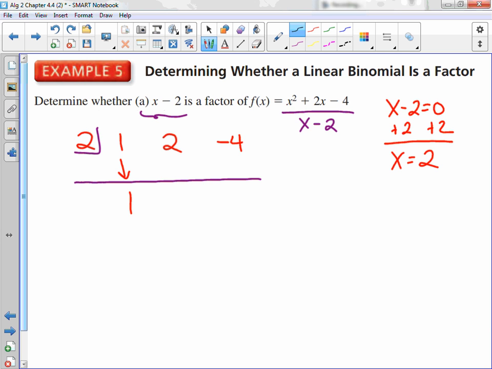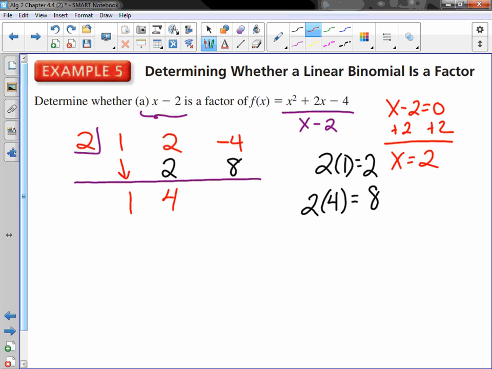Now we're going to start our synthetic division. So we'll do 2 times 1, which is 2. 2 plus 2 is 4. Then we will do 2 times 4, which is 8, and negative 4 plus 8 is 4.